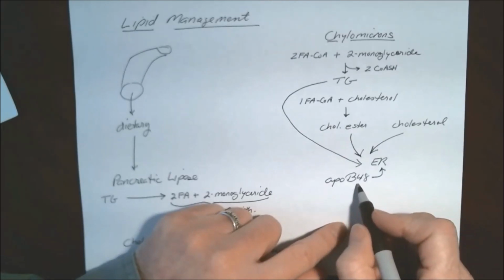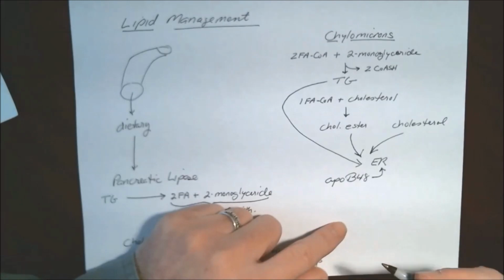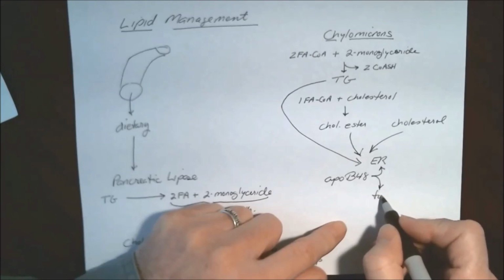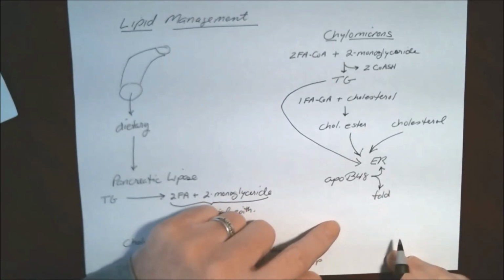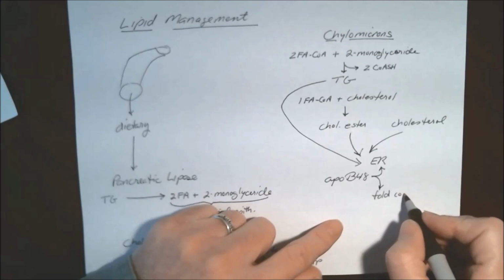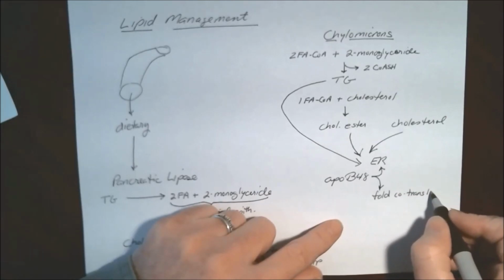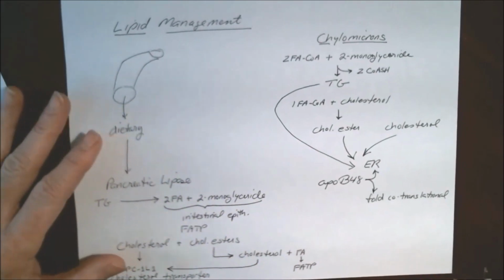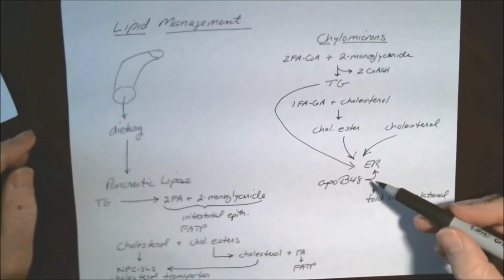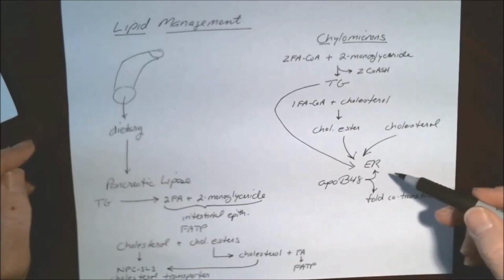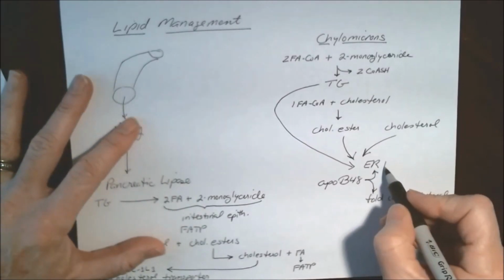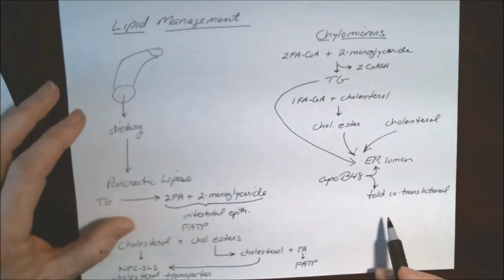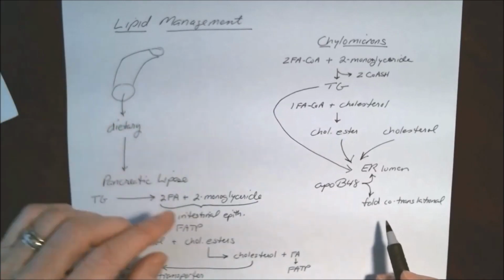As this protein is being synthesized, it begins to fold. The folding of this protein is cotranslational. That means that as the protein is undergoing biosynthesis, it is being translocated across the endoplasmic reticulum into the lumen, and it is folding during the translational sequence.